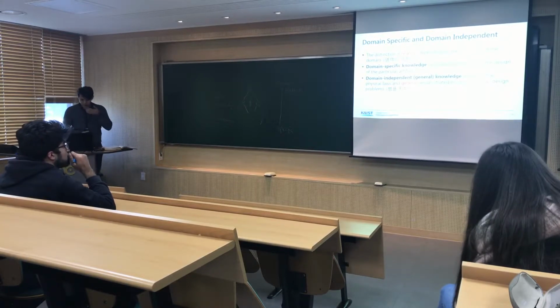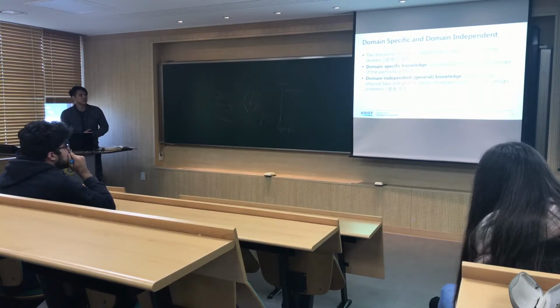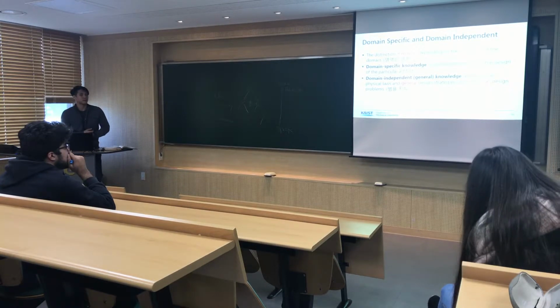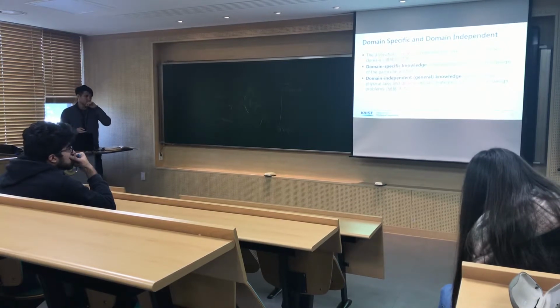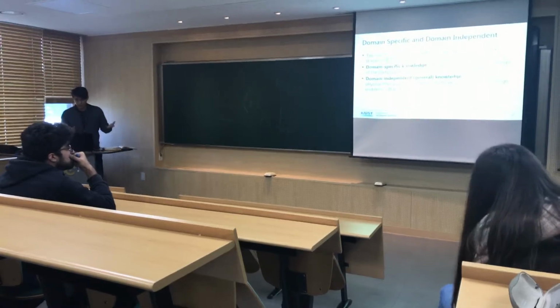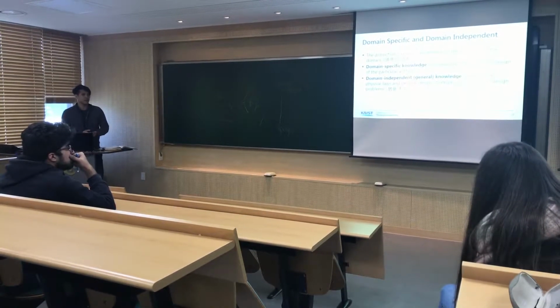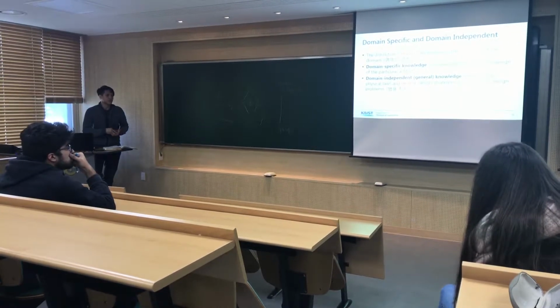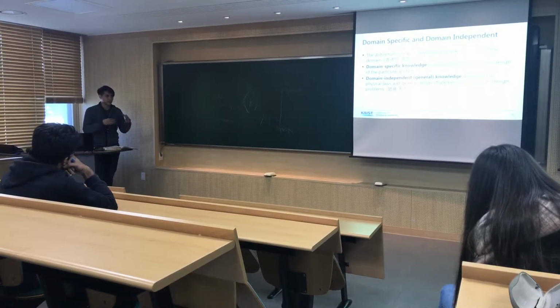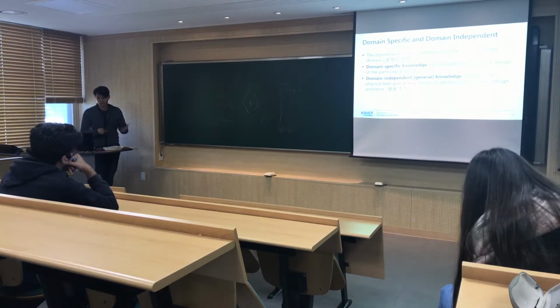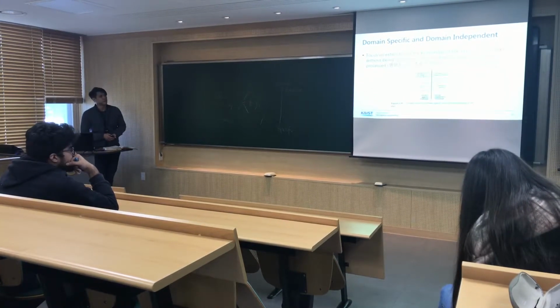Domain-specific and domain-independent is another category. It's a relative axis, depending on the boundary of the domain, that is, what you're designing. Domain-specific knowledge, literally, is specific only to the domain. Domain-independent knowledge is a general rule, a general design principle, a general physical law that applies to all design problems, regardless of what you're designing.